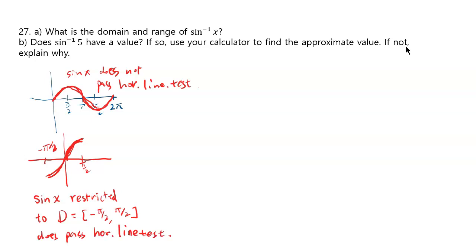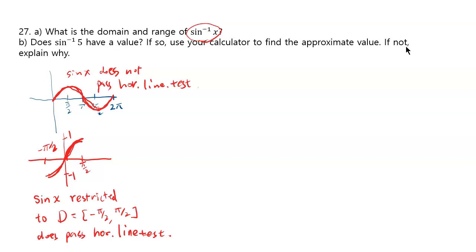And what that means is that if you restrict the sine function to this domain, the minimum and maximum values are negative 1 and 1. And this does pass the horizontal line test. That means I can define an inverse function. So sine inverse of x is really not the inverse function of the regular sine function. It's really the inverse function of the restricted sine function.